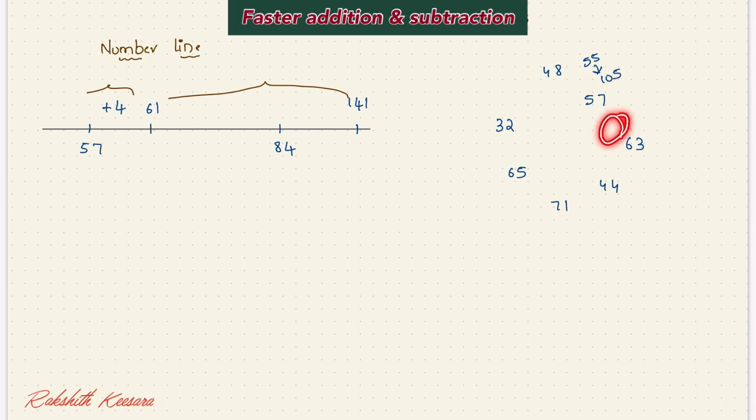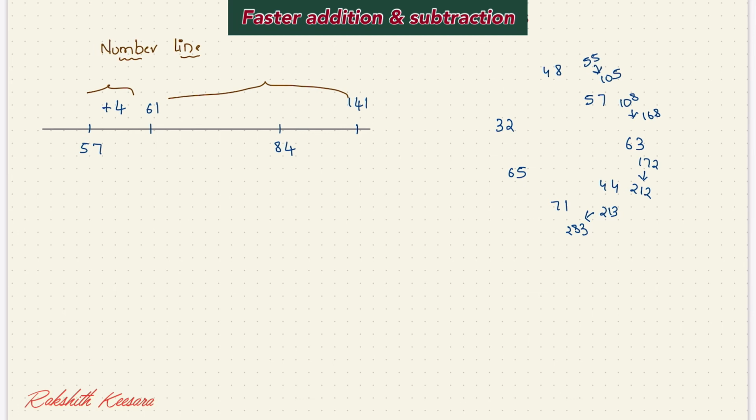In this case 105 plus 3, 108 plus 60, 168. 108 to 168. And in this case 68 plus 4, 72. 172 plus 40, 212. 172 to 212. Here 212 plus 1, that is 213. 213 plus 70, 283. 213 to 283.